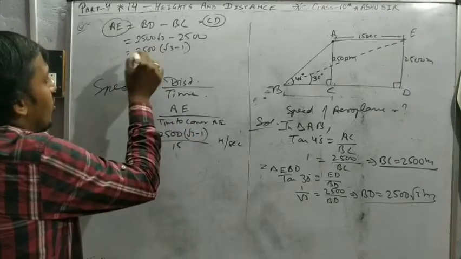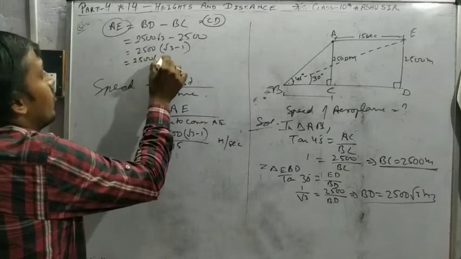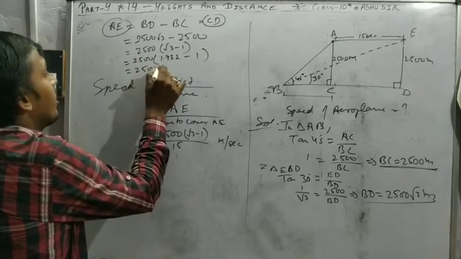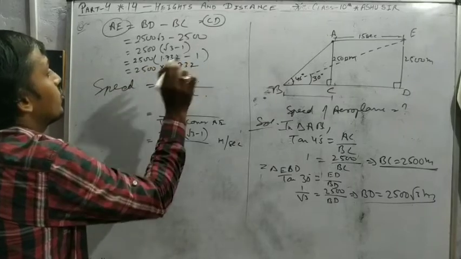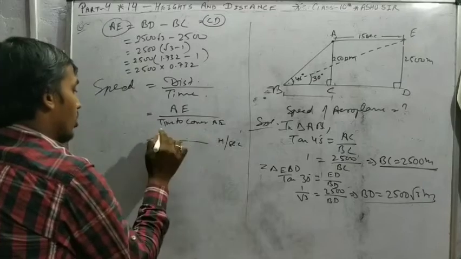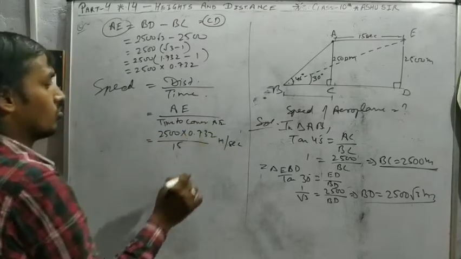We simplify them because here we have to place 2500 into (1.732 minus 1), so 2500 into 0.732.